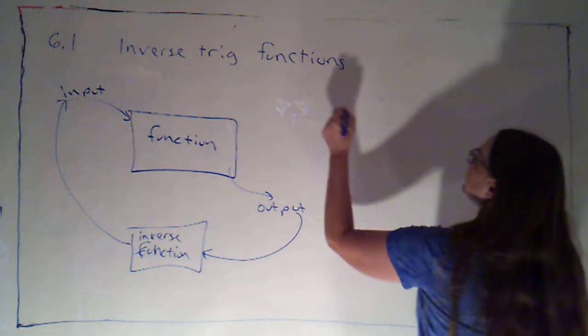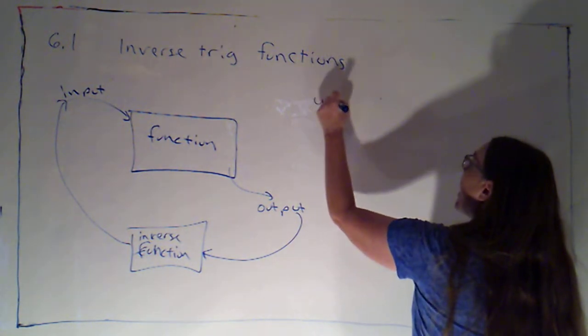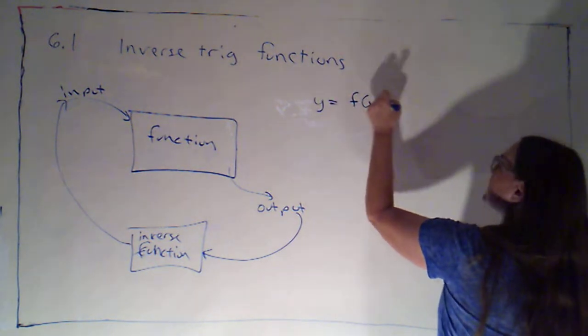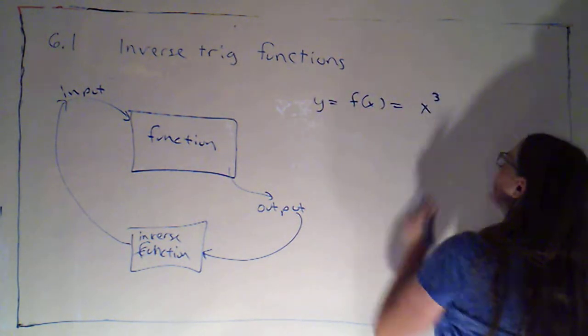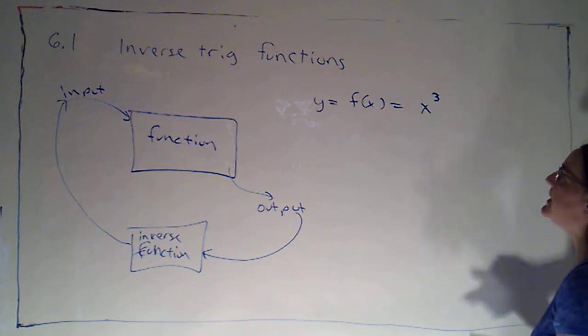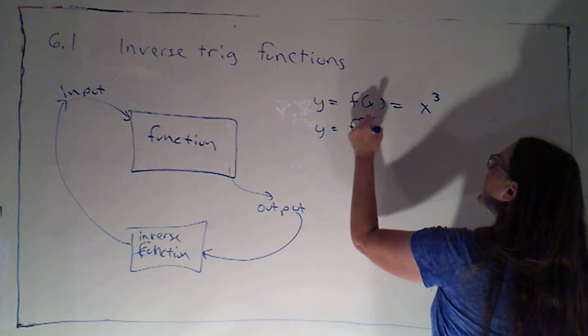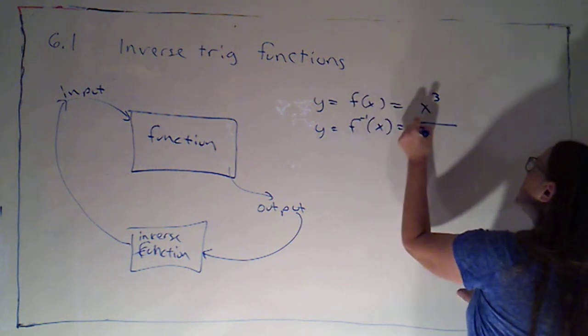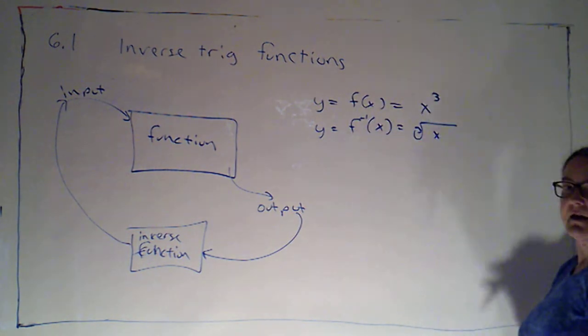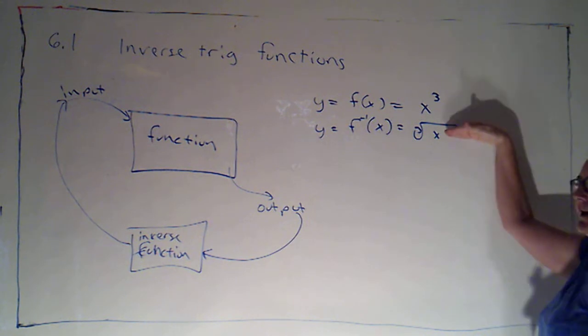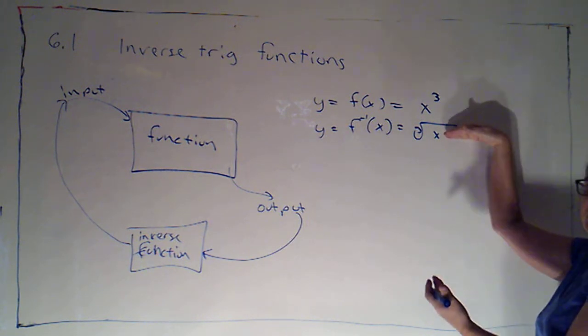A great example of this is if I have y, or I could denote it as f of x if I wanted to use function notation, equals x cubed. The inverse function would be y equals f inverse of x. That's the cube root of x. Cubing something and taking the cube root undo each other.